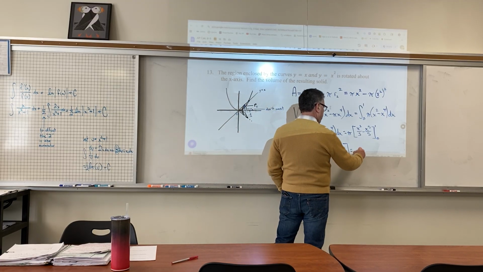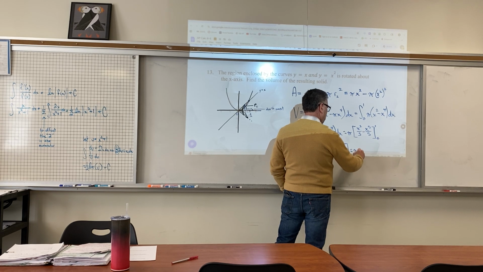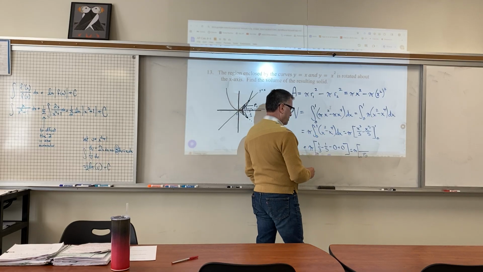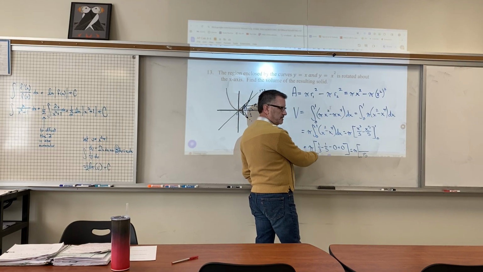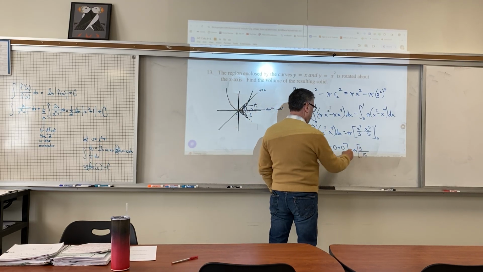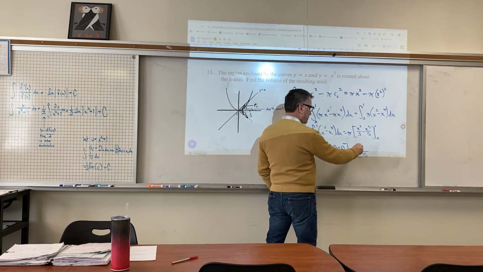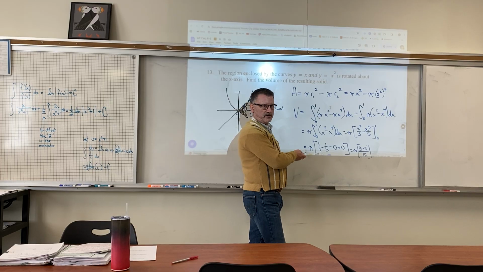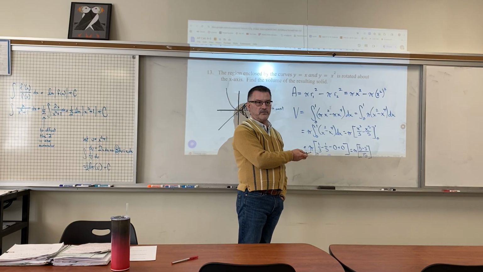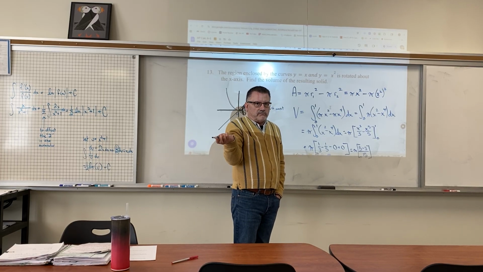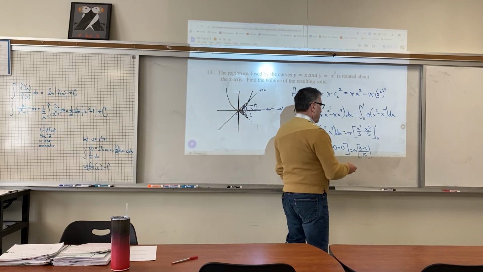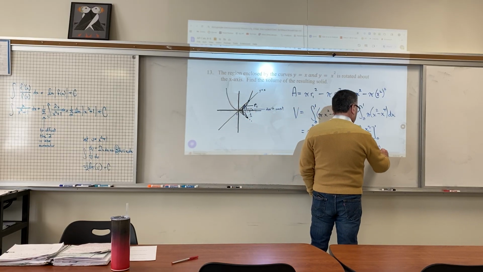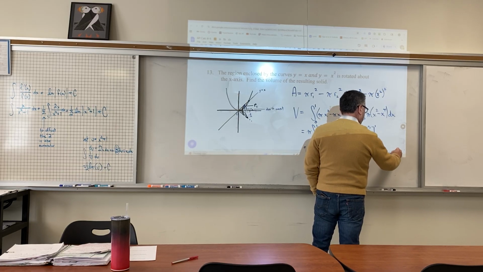So if I put that over 15, get that common denominator, 5 over 15 minus 3 over 15. Then I got that pi out front, don't forget the pi. Whenever you do volume, just remember there's a pi. So what is that, 2 over 15, 2 pi over 15? Units cubed.